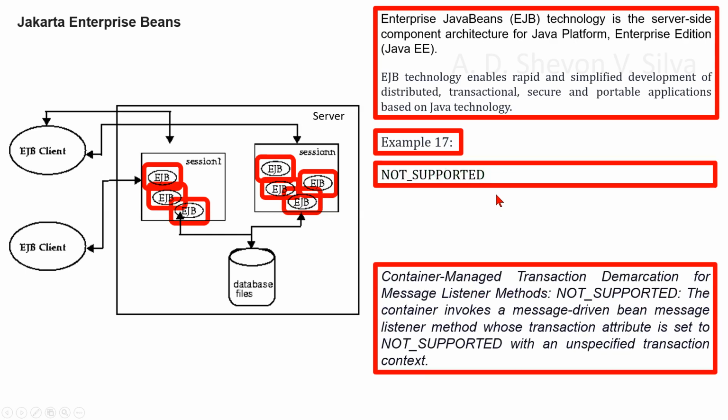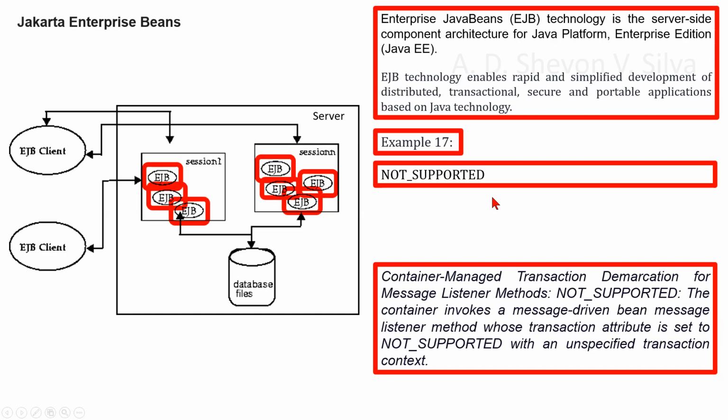Now we are considering NotSupported in container-managed transaction demarcation for message listener methods. The container invokes the message-driven bean message listener method whose transaction attribute is set to NotSupported with an unspecified transaction context.